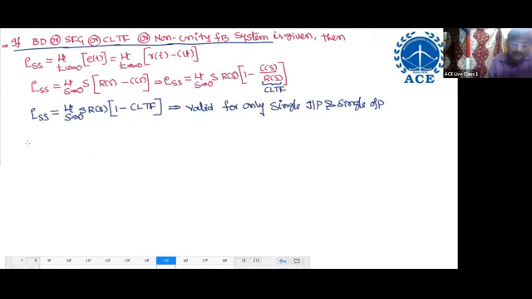For example, same problem. R of S, plus, the block gain here is 100 by S into S plus 10, C of S, and the feedback here is minus, 1 by S plus 5.